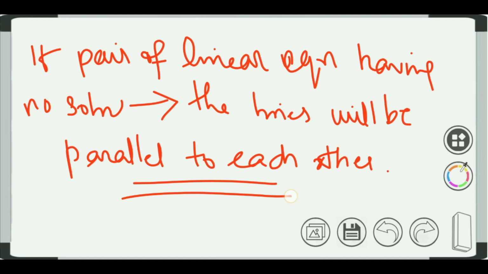Same thing, they will be parallel to each other. Parallel lines won't intersect, right? So this is a conclusion. So 3 cases you have covered. Now come to the third question of exercise 3.2.